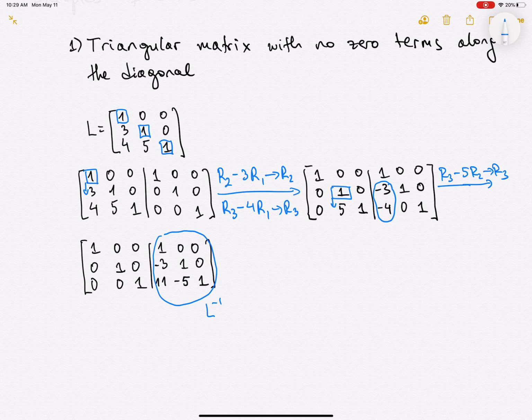What is interesting is that whenever you have a lower triangular matrix, especially with ones along the diagonal, then its inverse will be of the same shape. It will also have ones along the diagonal, and the non-zero terms will be under the diagonal. So the inverse of a lower triangular matrix is lower triangular.